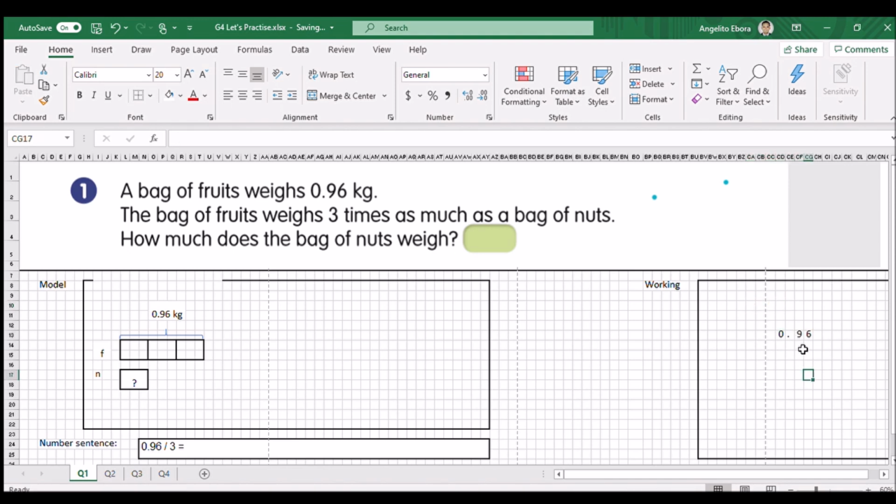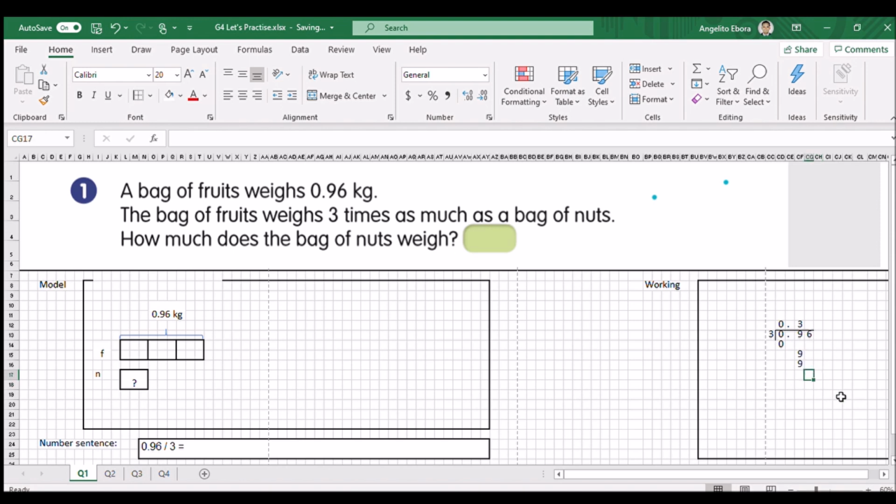So 0.96 divided by 3, with the division border. 0 divided by 3 is 0, then the decimal point. 0 minus 0 is 0, so just leave it there. And then 9 divided by 3 is 3. 3 times 3 is 9, and 9 minus 9 is 0, so nothing left.